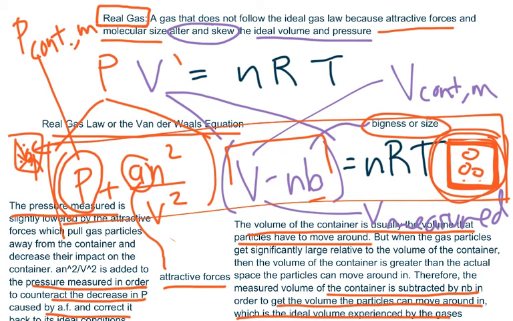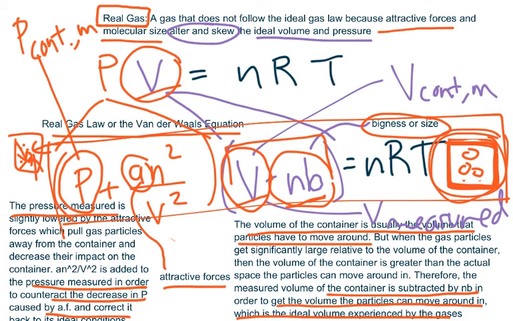So if you notice, if this is the ideal volume and this is the measured volume, notice how the ideal volume is less than the measured volume because you're subtracting nb from the measured volume in order to get the ideal volume. So the ideal volume is less than the measured volume simply because the molecular sizes matter and they take up space.